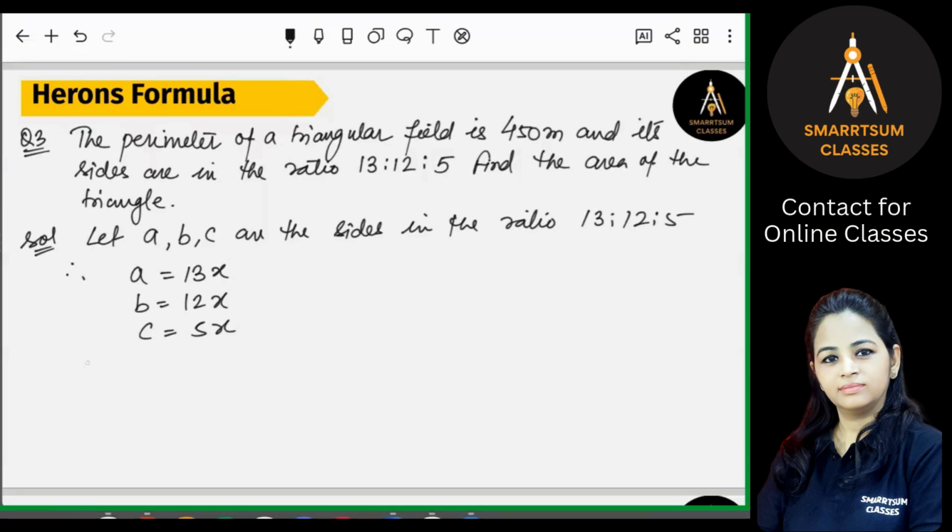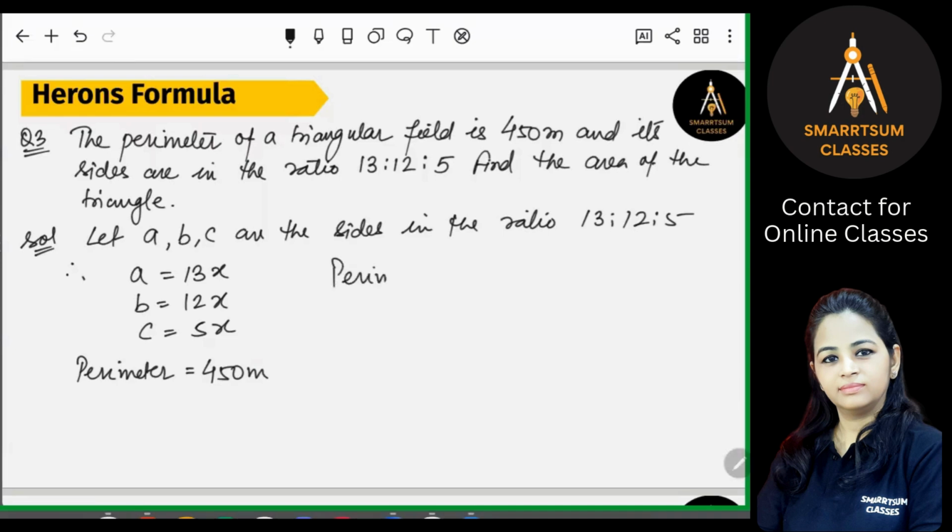Now, perimeter is also given here. Perimeter of the triangular field is 450 meters. Is that clear? So in this way, we can find out all the sides, because we know that perimeter is the sum of all the sides.